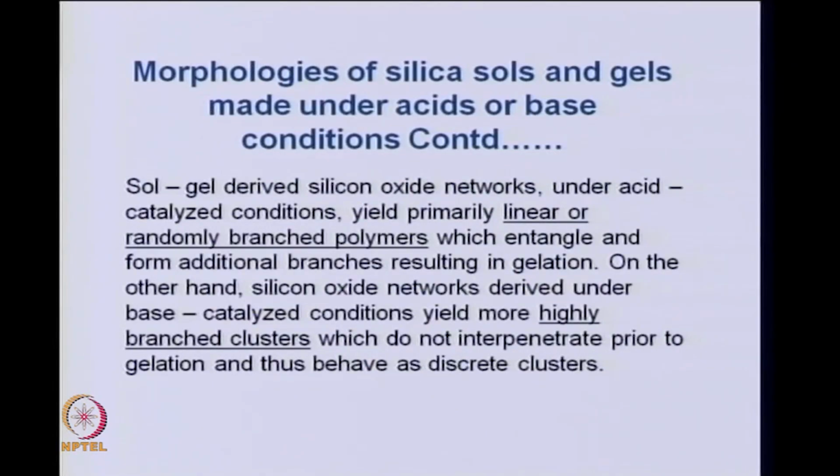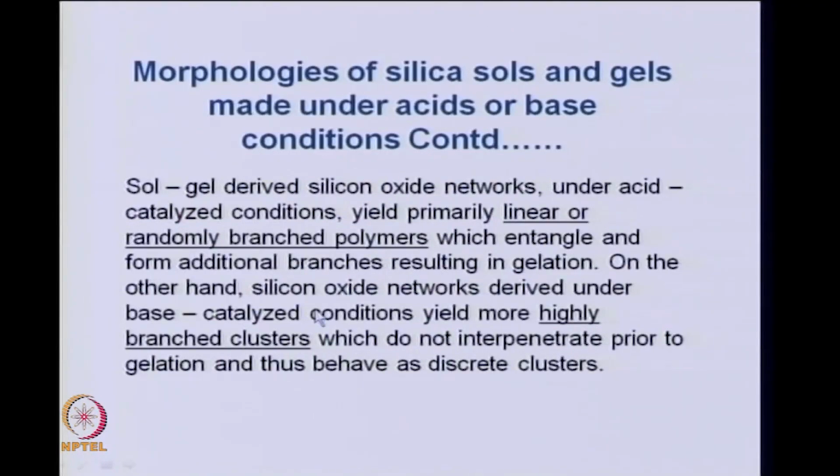So, the sol gel derived silicon oxide networks under acid conditions yield linear or randomly branched polymers, and as you come close to the gel point, they will entangle and form additional branches.